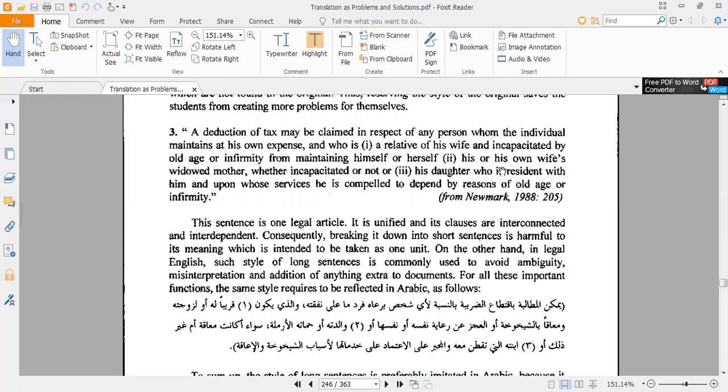Usually, legal sentences or legal texts have powerful language, or they hold powerful ideas to do or not to do.